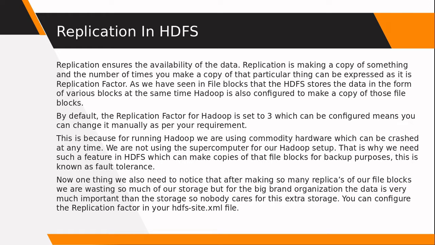As we have seen in file blocks, HDFS stores the data in the form of various blocks. At the same time, Hadoop is also configured to make a copy of those file blocks. By default, the replication factor for Hadoop is set to 3, which can be configured, meaning you can change it manually as per your requirement.